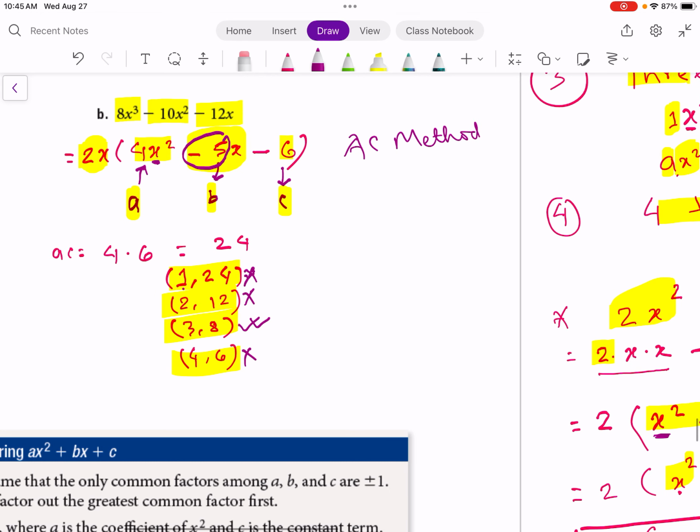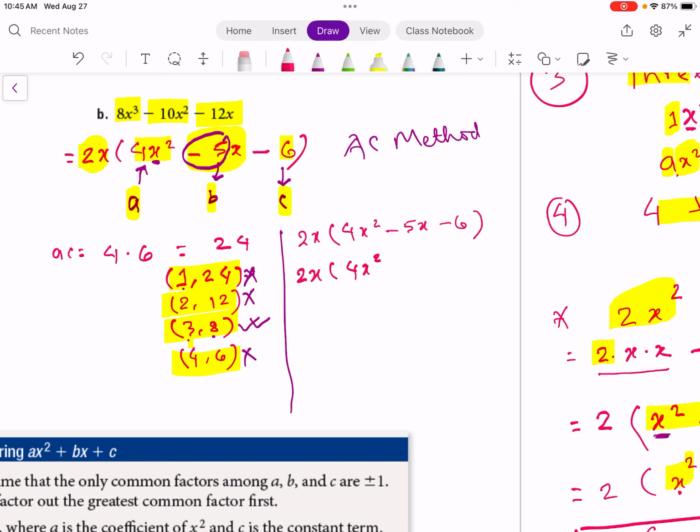Let me copy what we have. So we have 2x times 4x squared minus 5x minus 6. We are using 3 and 8 to rewrite negative 5x. So we have 2x times 4x squared.